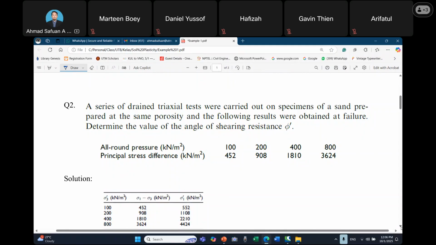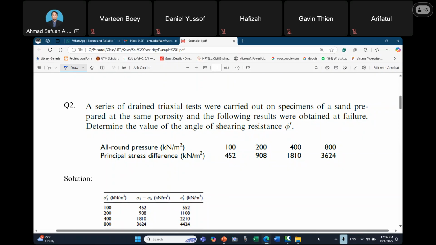Determine the value of the angle of shearing resistance, phi. The all-round pressure is what we call sigma 3. The principal stress difference is sigma 1 minus sigma 3.